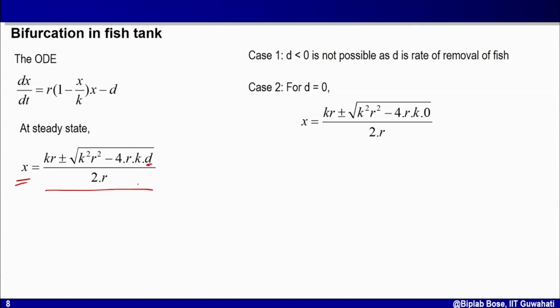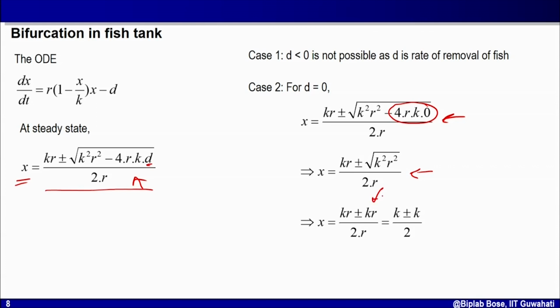In that case I can put d equal to 0 in this equation and I get x = (kr ± √(k²r² - 4rk·0)) / 2r. I can simplify it, so this whole term becomes 0. I get (kr ± √(k²r²)) / 2r. The square root of k²r² is nothing but kr.